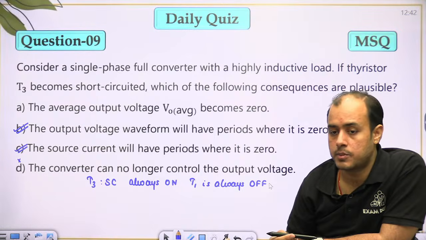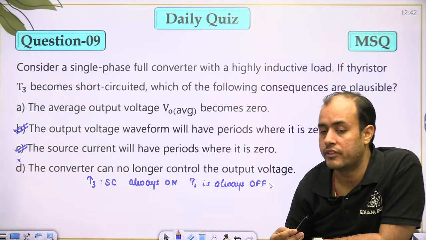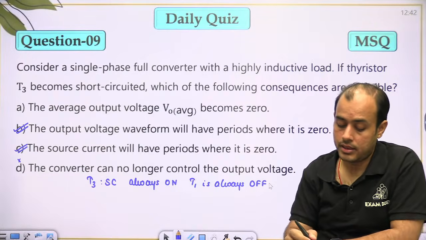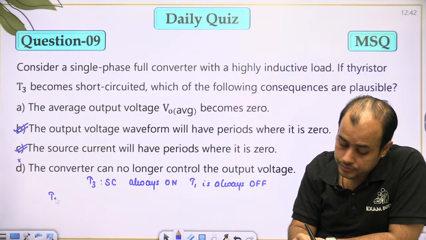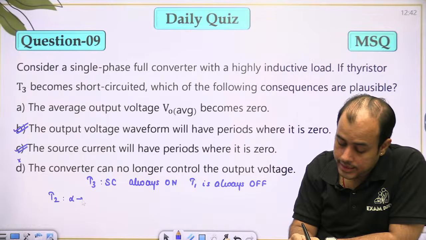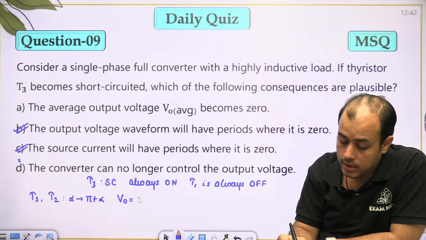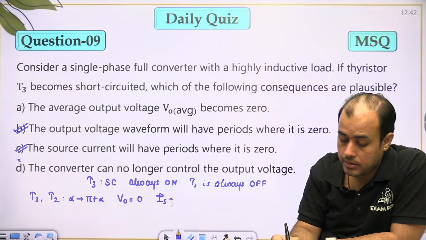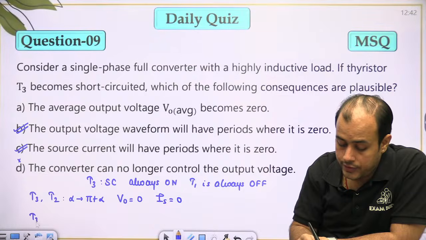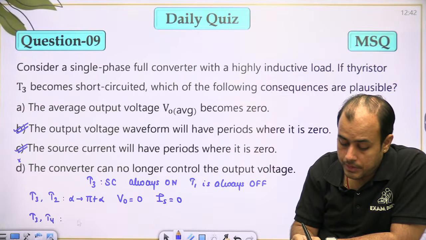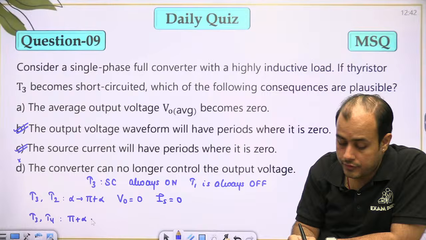If one device is permanently on, the other is permanently off. So now T2 from the lower group alpha to pi plus alpha. So V0 will be 0, IS will be 0. And T3, T4 from pi plus alpha to 2 pi plus alpha.